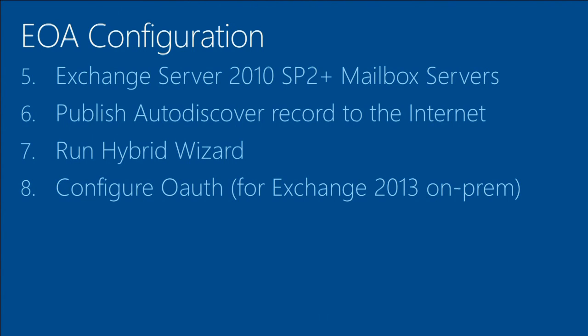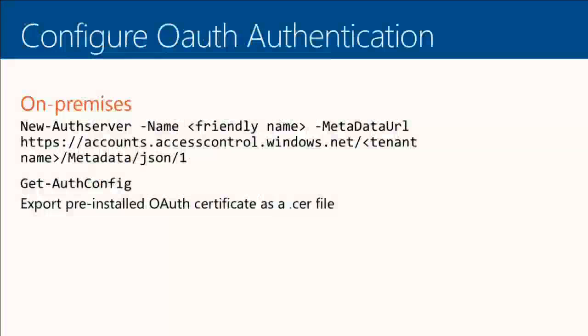We don't use OAuth for e-discovery cross-premises. But for 2013, you'll need to do that. And we're trying to simplify how authentication works. So going forward, even on-premises, if you use Exchange and SharePoint and Lync and you want to integrate them, you're going to set up OAuth. So the process should be familiar. We'll talk a little bit about how that is going to work.